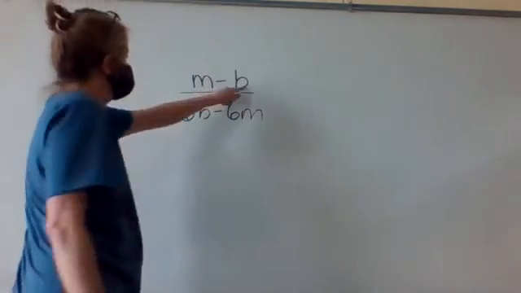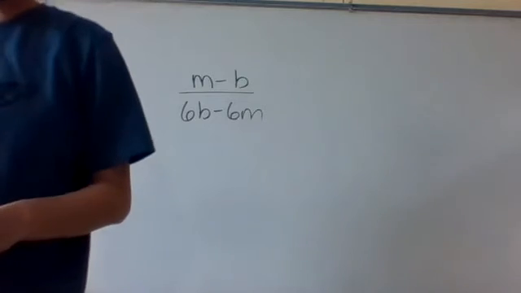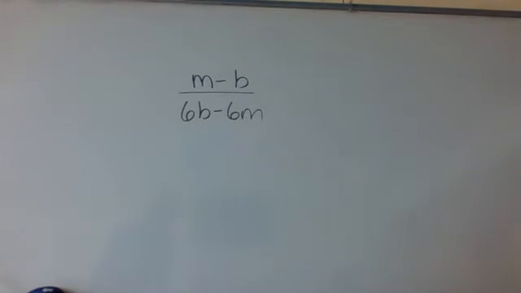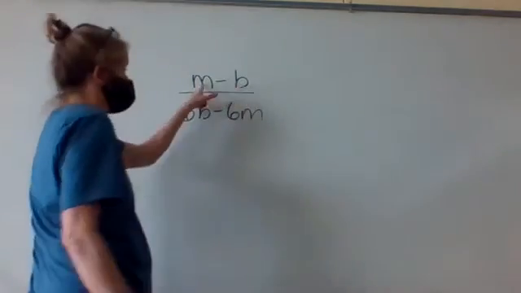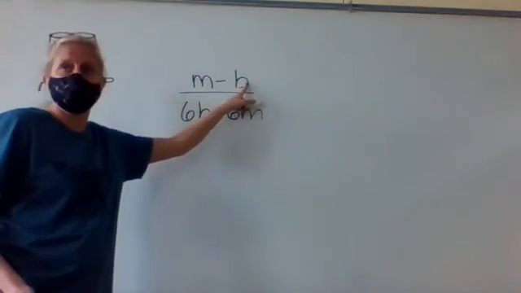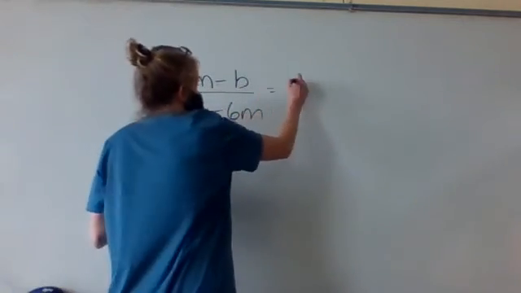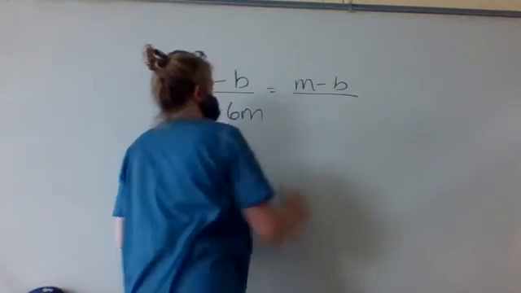Here's the good news. This right here, I can't do any factoring there. There's only two terms, nothing in common with them. One's an M, one's a B, absolutely nothing in common, and it's not a difference of squares. So I can't do anything at all with that. So that's just going to stay M minus B.